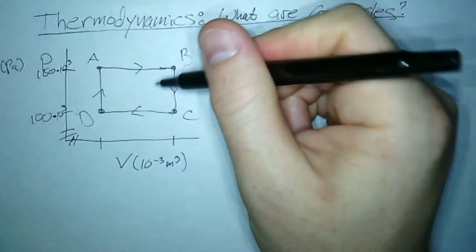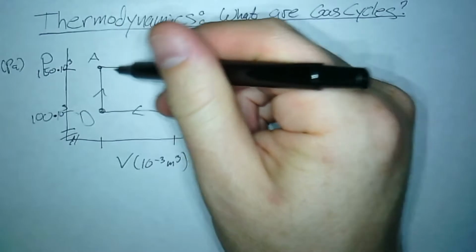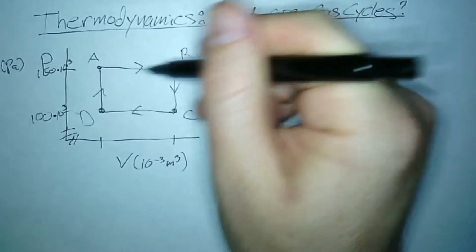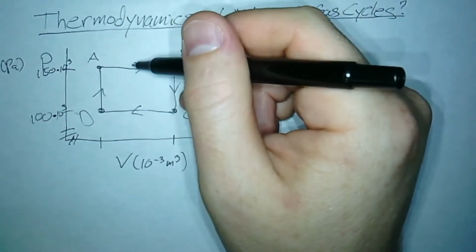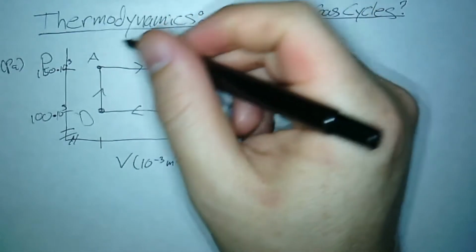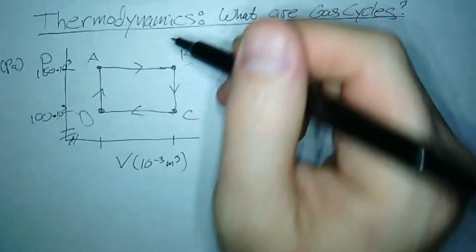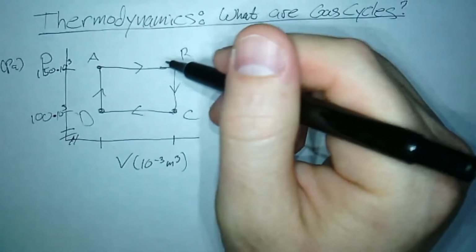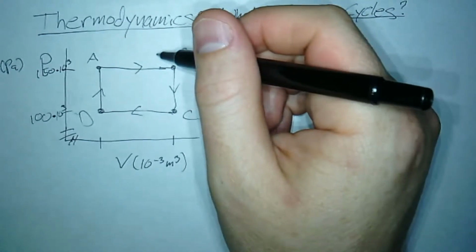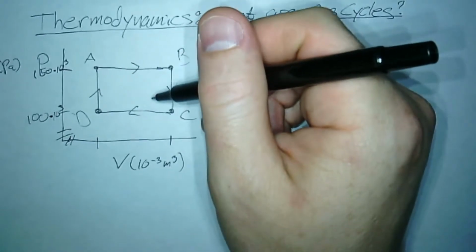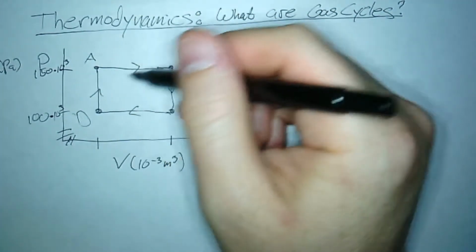During this phase, from A to B, the gas is doing work, or negative work is being done on the gas, because that's the way our formula keeps track of it. We know work is being done because there's area under the curve.